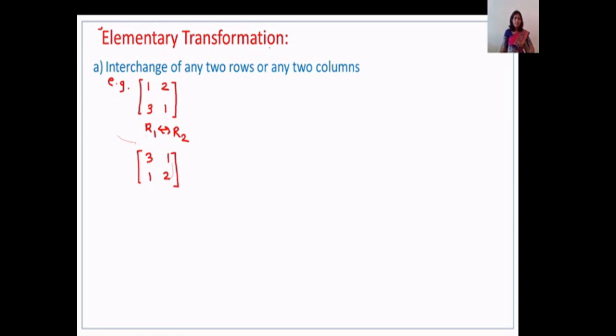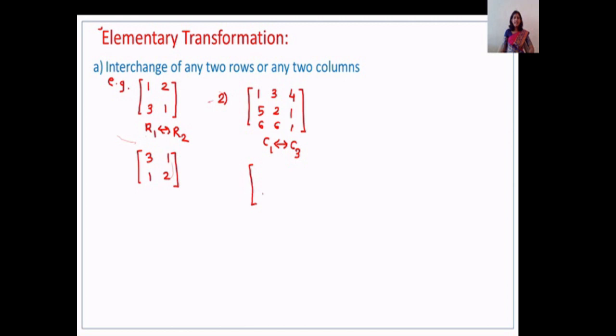So next, the second example: 1, 3, 4, 5, 2, 1, 6, 6, 1. And we have to interchange C1 and C3. This double-headed arrow means interchange C1 and C3.